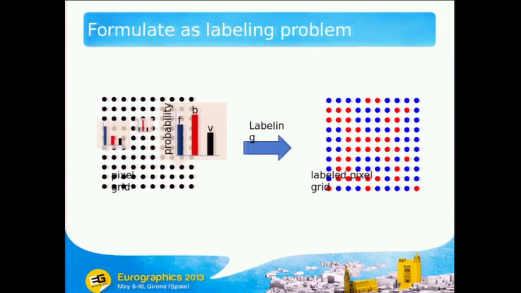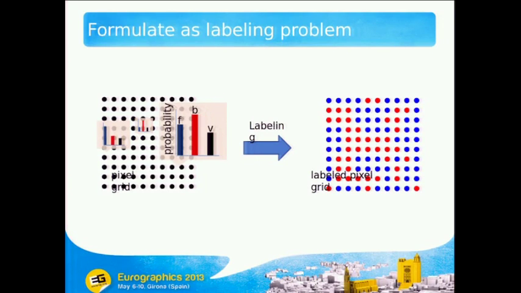But the result we get looks something like this, which is fairly pixel accurate. And so what we did was we formulated it as a labeling problem where we said every pixel here, like we said before, we'll give it some probability distribution. This is not a PDF, it is a PMF, probability mass function, because we have a finite number of classes. In this case, foreground, background, and unknown, or could be either.